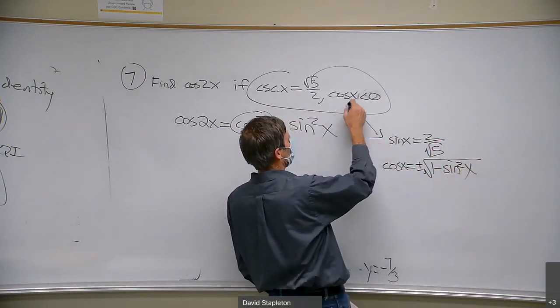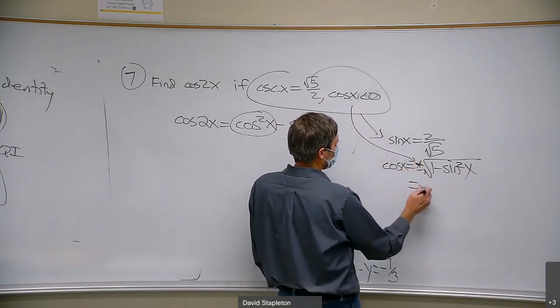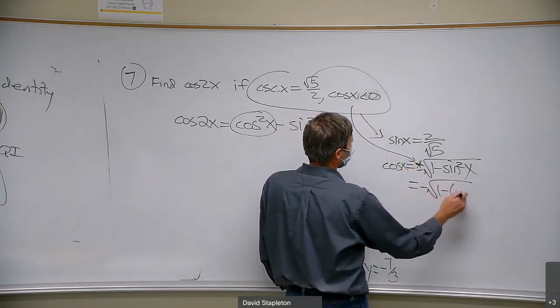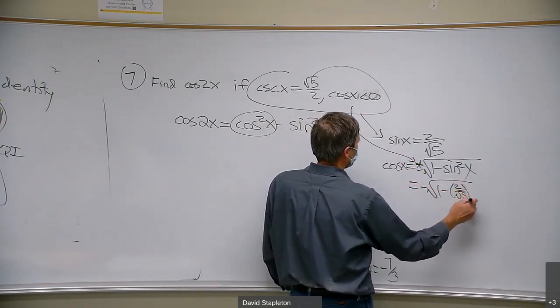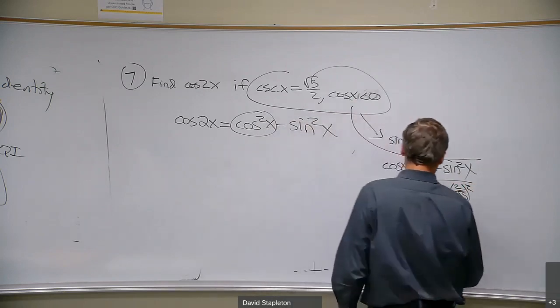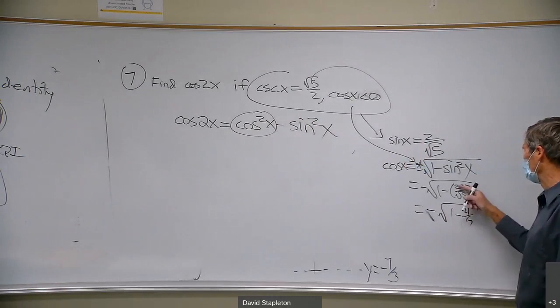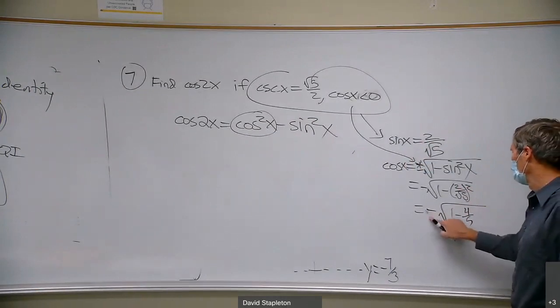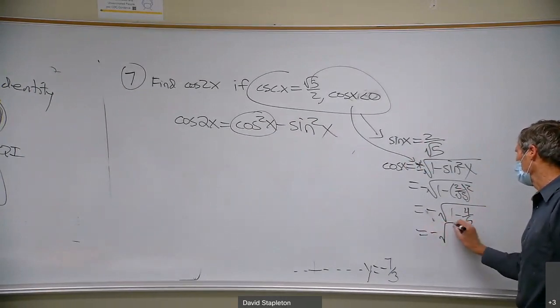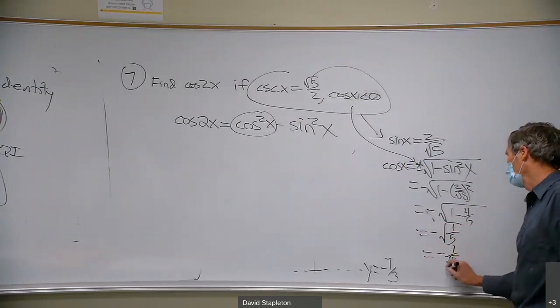And we're given cosine is negative, so let's use minus. Minus square root 1 minus 2 over square root 5 squared. This is minus the square root of 1 minus 4/5, right? Square root of 1 over square root of 5. Minus the square root of a fifth, or minus 1 over square root of 5.